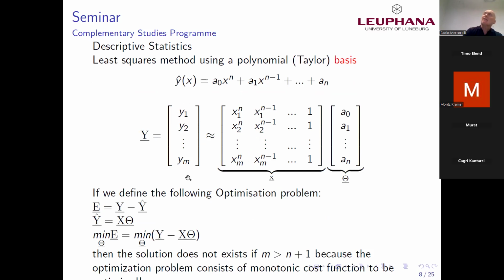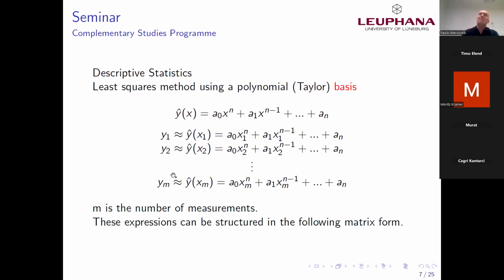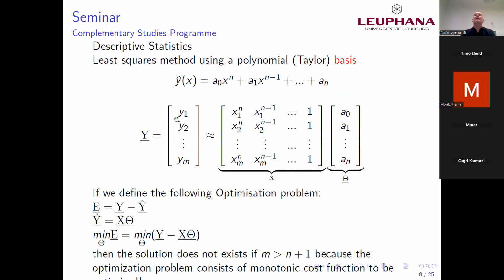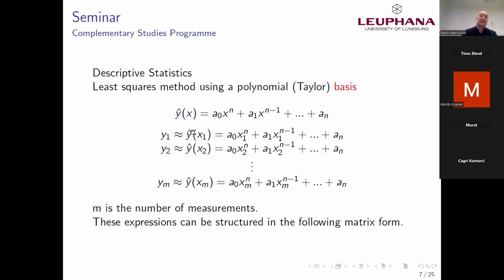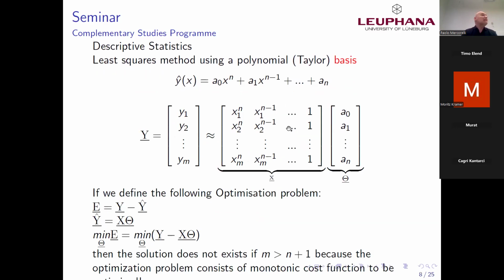I consider a vector of my measurements. The vector consists of M measurements, y1, y2, ym. And the y vector is approximately equal to this, reflecting the approximation that is everywhere. And what I have here is this exploration matrix. The name is exploration matrix because the matrix consists of the values x1, x2, x3 in accordance with the structure of the regressor.